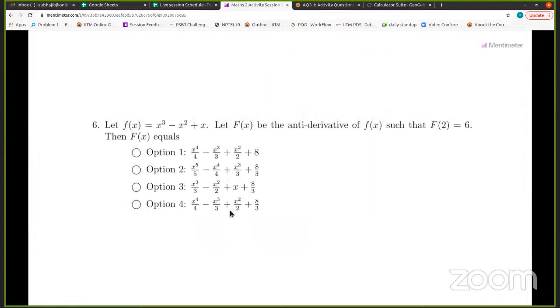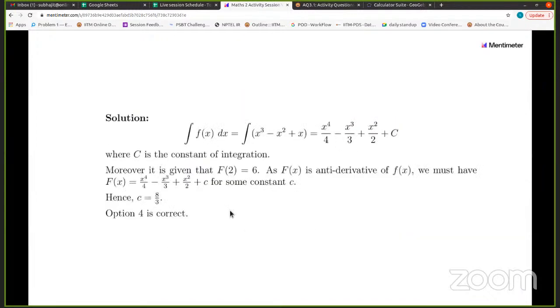Now, can someone explain what you have done here? This is a find C question, right? You just have to integrate this function and find out C, and put 2 everywhere. Exactly. So this is what I did. I took the integration of this function, and C is the constant of integration.